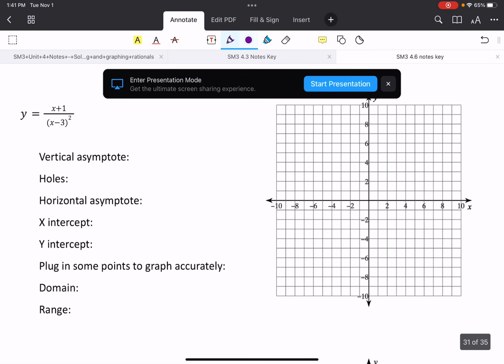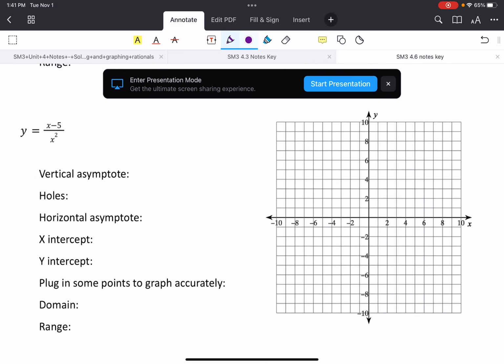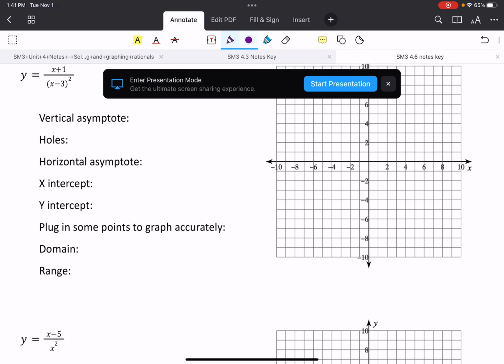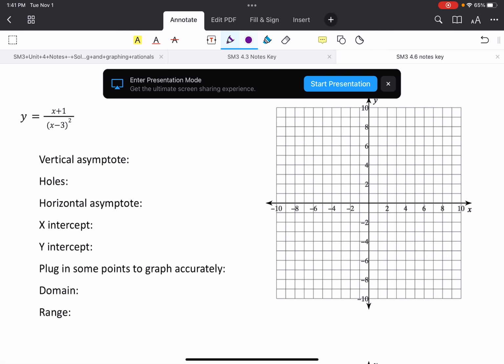Okay, so we're going to answer all of these questions like we did last time. Where's our vertical asymptote on this graph?